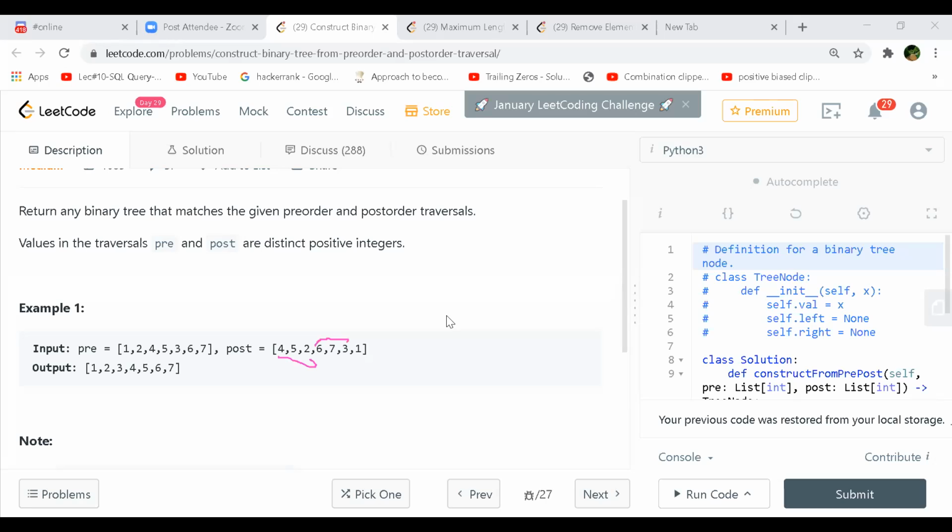And for the post-order, I will have to pass from behind, right? So I would be passing 4, 5, 2, 6, 7, 3. Is it that way? Yeah, that is correct, right? So you'll form 2 subtrees.